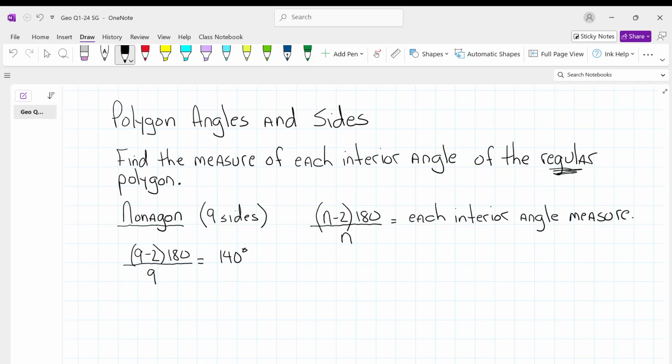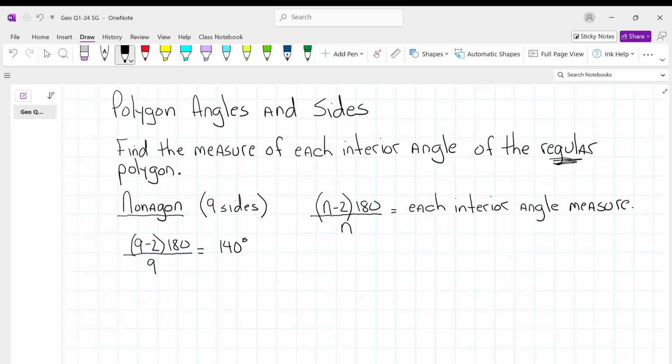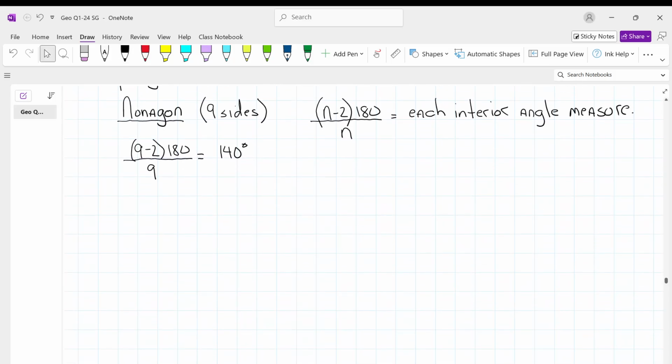And you'll have about 4 or 5 problems to do just like that. So let's try it again. Into the deck. Let's try it for an octagon.